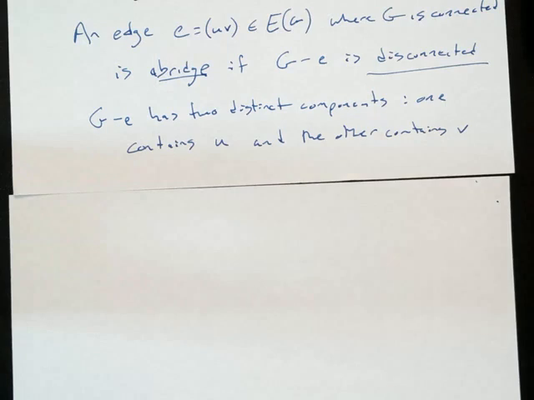Because I'm telling you that we now have components, right? There can't be any path other than the edge from U to V that connects them. Because if there were, then removing that edge, there'd still be a way to get from one to the other. It would still be connected.